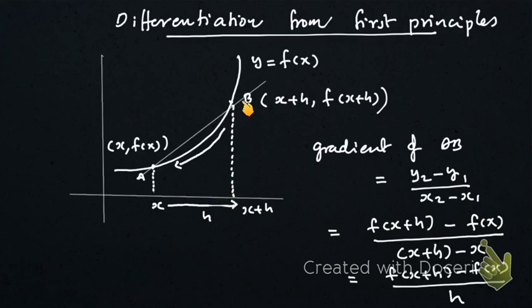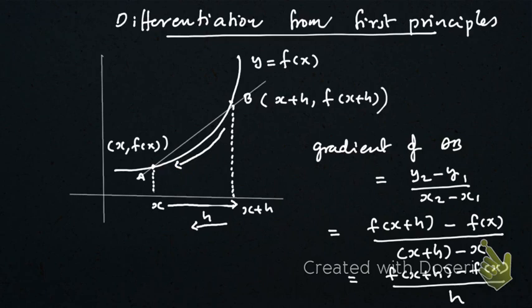That's how we got the coordinate as x plus h. So what if I make my h smaller and smaller and smaller? H goes smaller and smaller. So x plus h becomes very, very close to x. Or rather, I can say that B gets closer and closer to A.